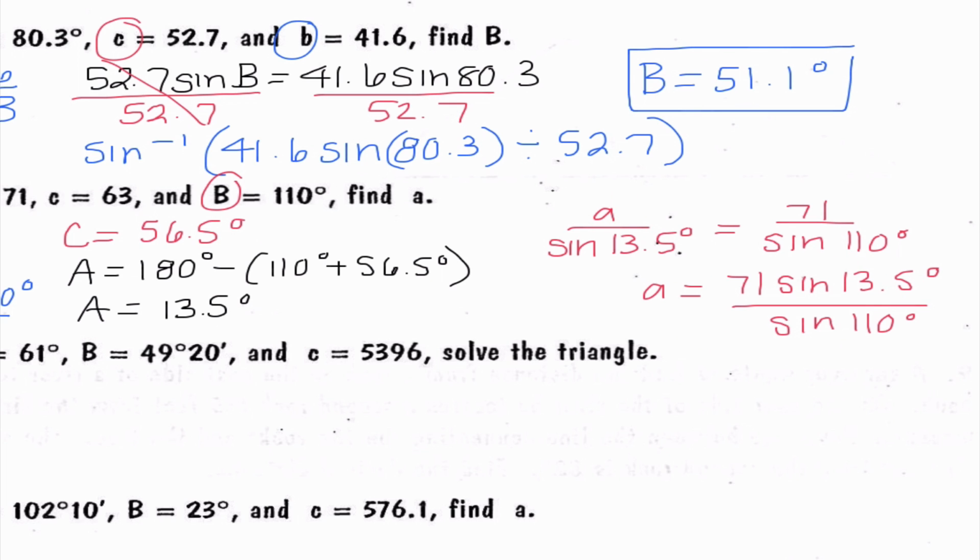Here, I don't need to find an angle this time, so I'm just going to put this into my calculator. Just a reminder that whenever we're putting sine of an angle in our calculator, we need to close the parentheses. And I end up getting that A is 17.6. We don't have a label given to us, so we're just going to leave it as 17.6.